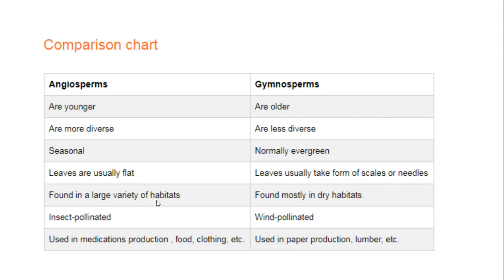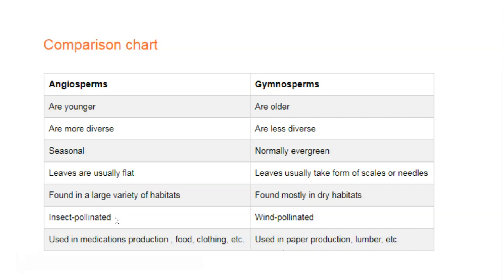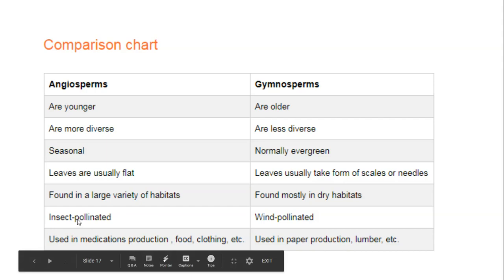All right. Don't worry about the habitats. So pollination process. So this is very important. Angiosperms, because they produce flowers, they are often going to be insect pollinated, which, have you ever seen in the spring and the summer, bees flying from flower to flower, that's called insect pollinated.